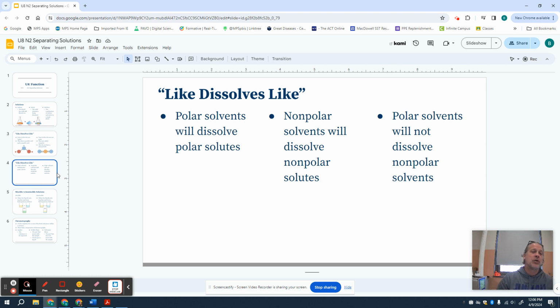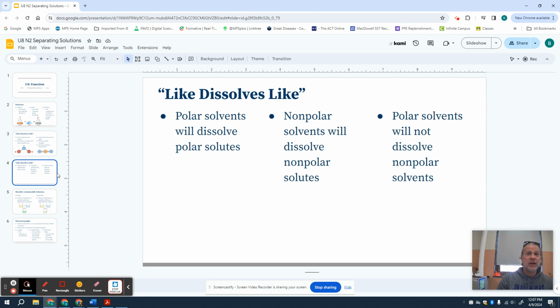Like dissolves like really leads us to the idea that polar solvents will dissolve polar solutes. Water is polar, so water would dissolve things like table salt, which is polar. Sugar also is polar, so water will dissolve those things. Nonpolar solvents can only dissolve nonpolar solutes.